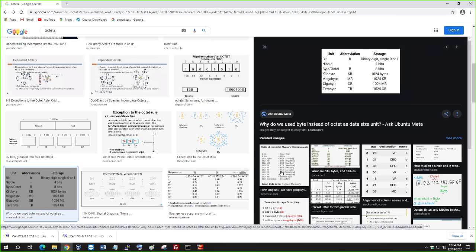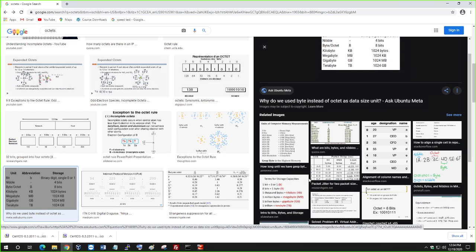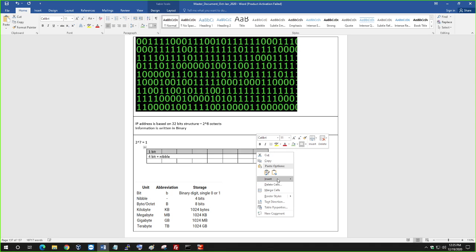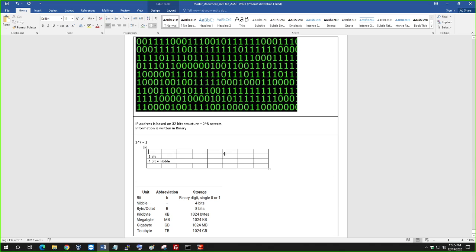We'll come back to that in a minute. So 4 bits is, so I'm going to go up, merge, insert above. So we have 8 here.